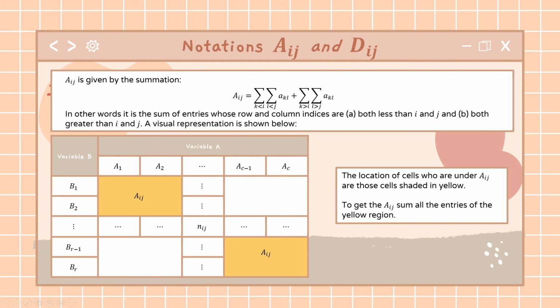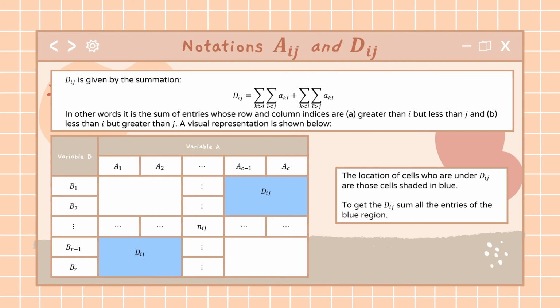Ito yon, less than i and less than j. And second, both greater than i and j. Ito yung part na yun. So, para makuha natin yung Aij, i-sum natin yung part na ito at part na ito.